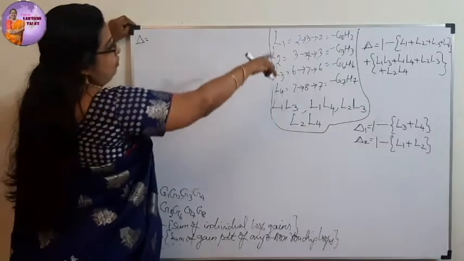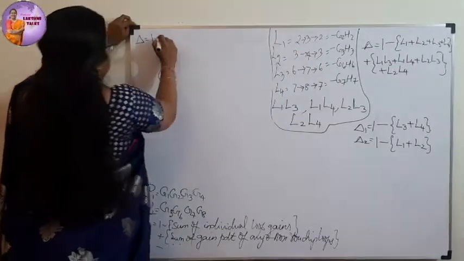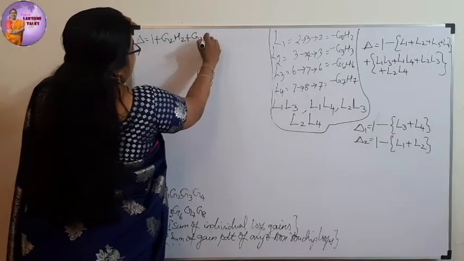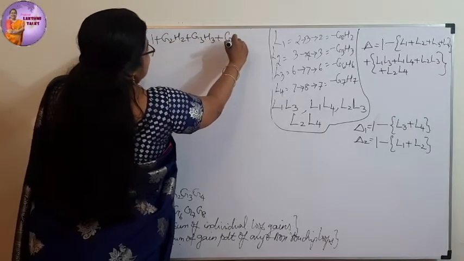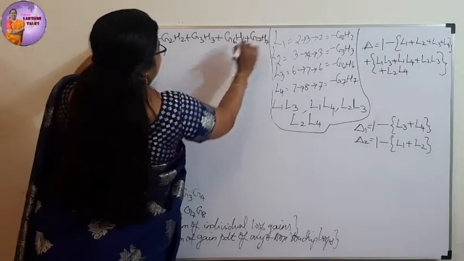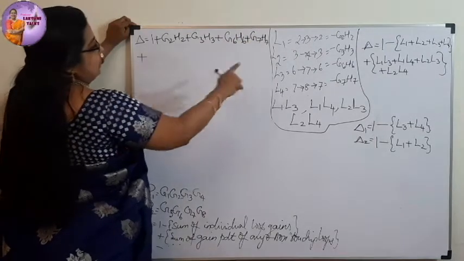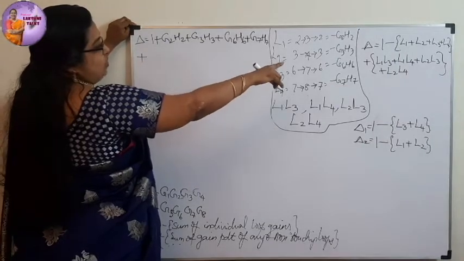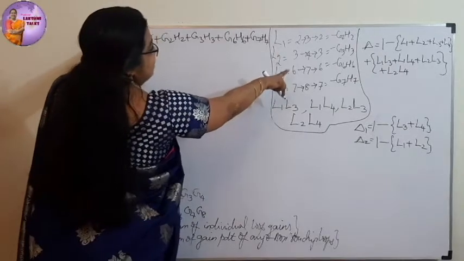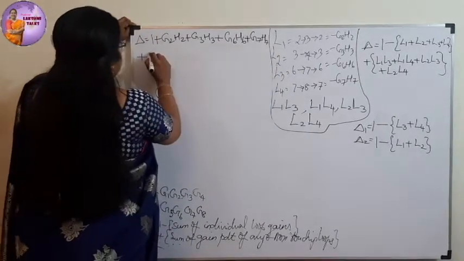So, what is delta? Delta is nothing but 1 minus L1 plus L2 plus L3 plus L4, all have negative signs. So, it is 1 plus G2H2 plus G3H3 plus G6H6 plus G7H7, right? Plus L1 L3, L1 L4, L2 L3, plus L2 L4, right? So, L1 L3 is G2H2, G6H6.